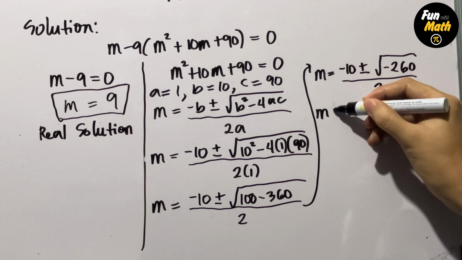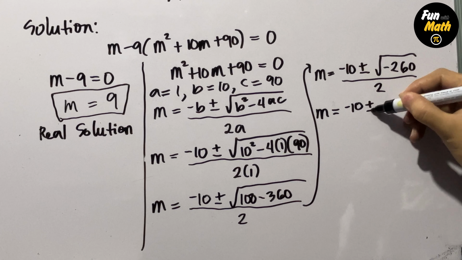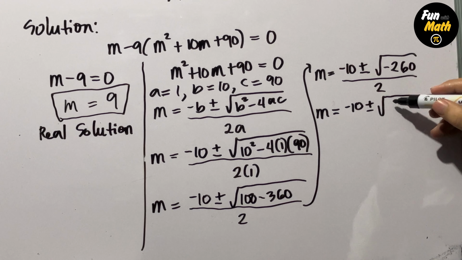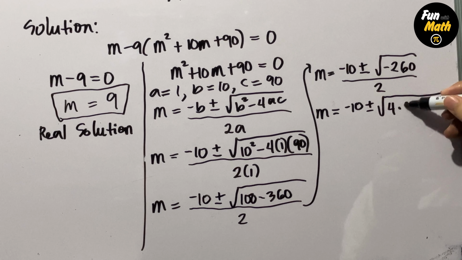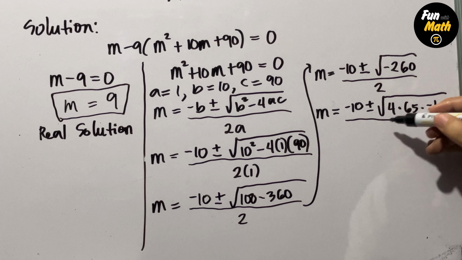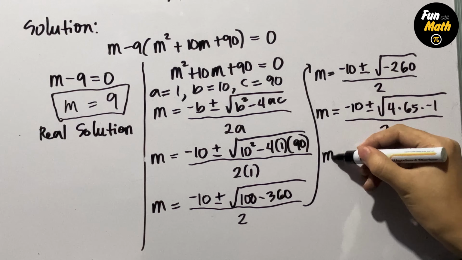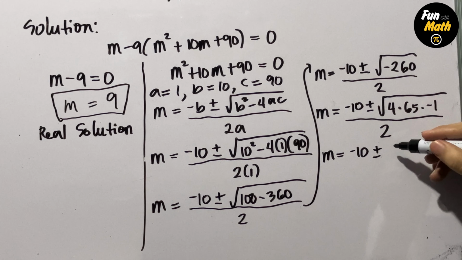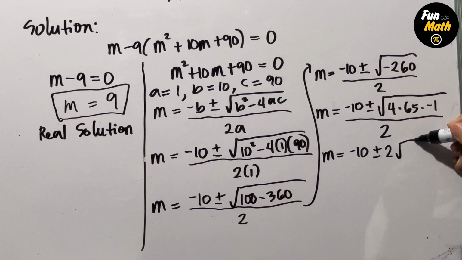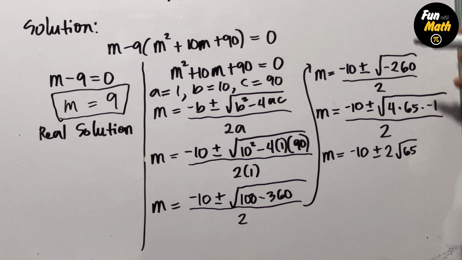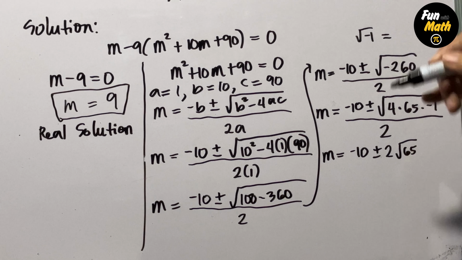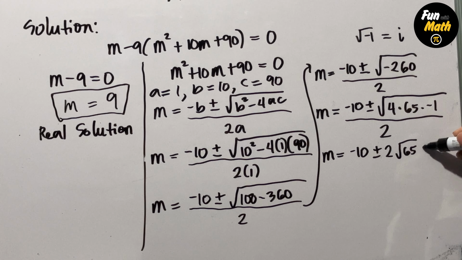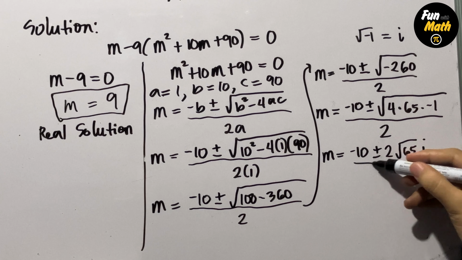So m is equal to negative 10, positive negative square root of 4 times 65 times negative 1, all over 2. Then the square root of 4 is 2, then the square root of 65, and the square root of negative 1 is equal to i, all over 2.